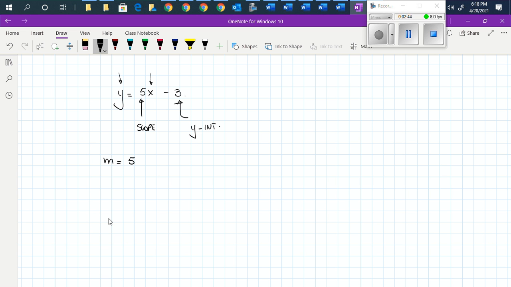So if we set down what we know, we can say that the slope is +5, the y-intercept is -3, and x is in the horizontal, y is on the vertical. So it will be something like this: x here, y in the vertical, -3 will be this point, and then the slope will be +5.